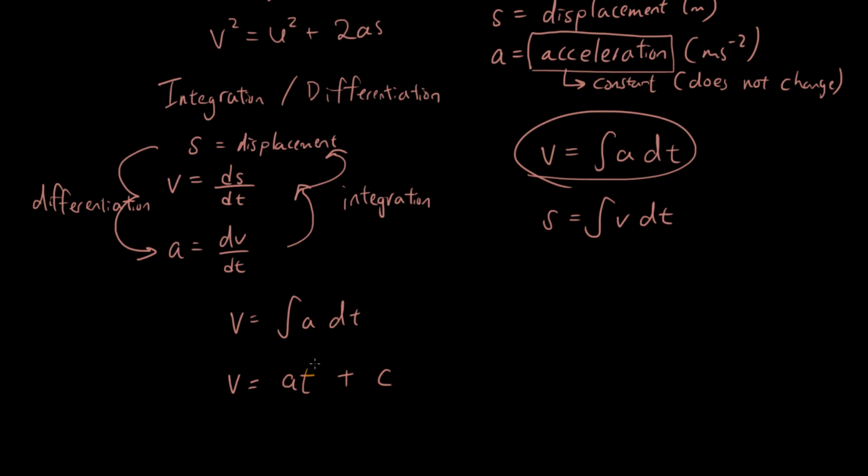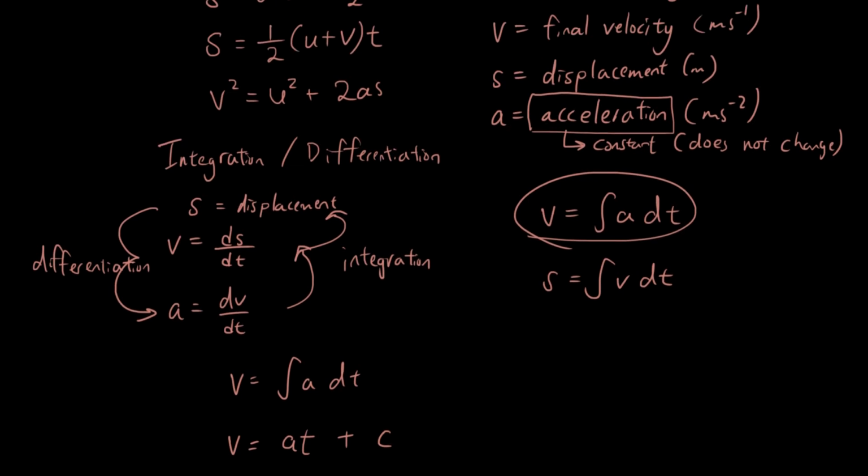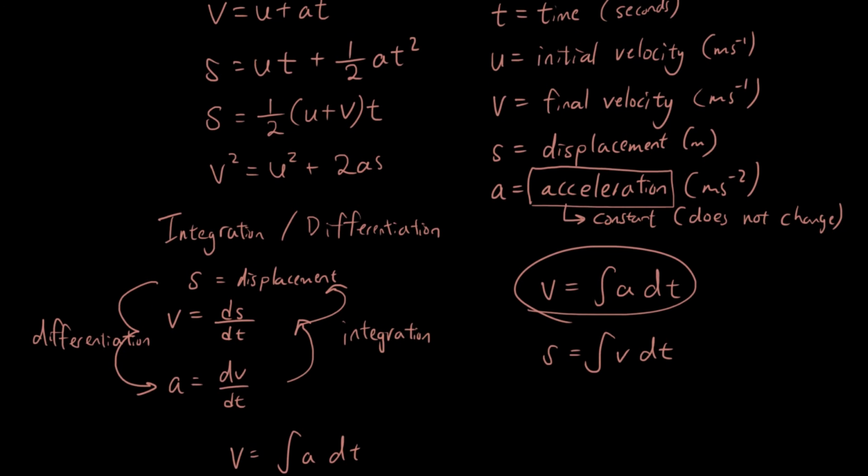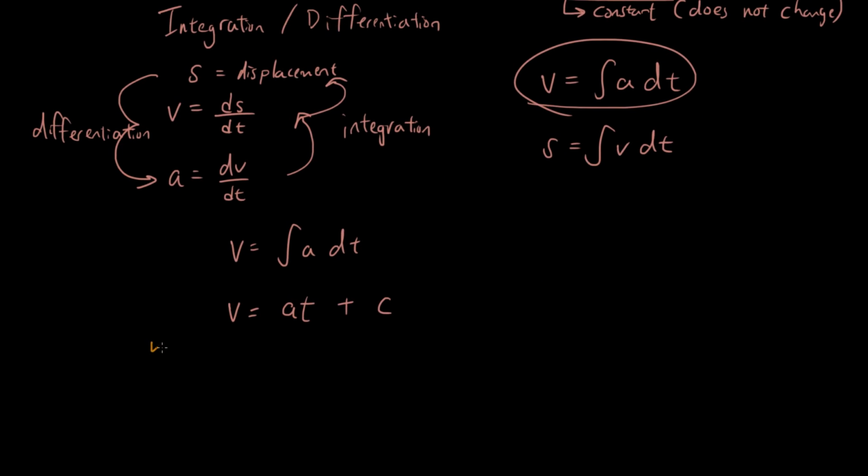Once we have this equation, remember we have a symbol that we use for initial velocity, which is u. Now, when time is equal to 0, v is equal to a times 0 plus c. A times 0 becomes 0, so v is equal to c. The symbol u is used to represent the velocity when time is equal to 0, so c is equal to u.